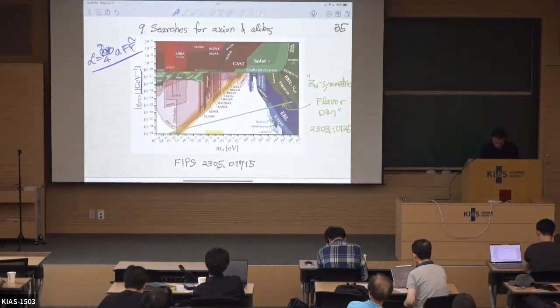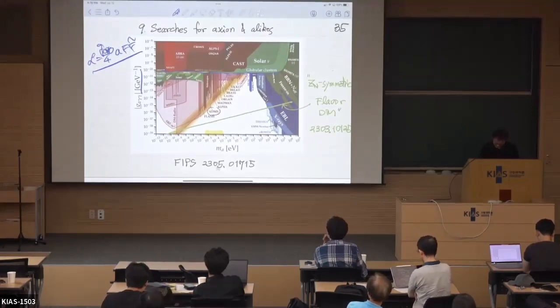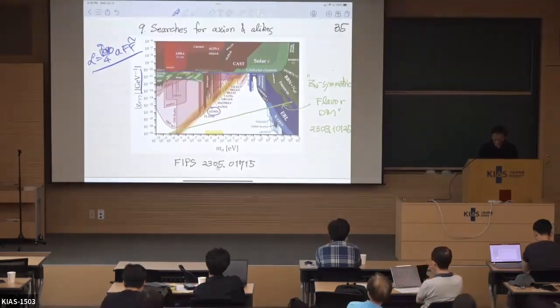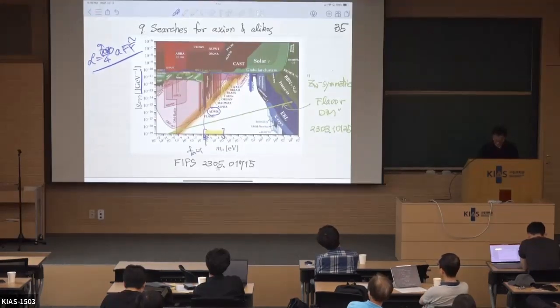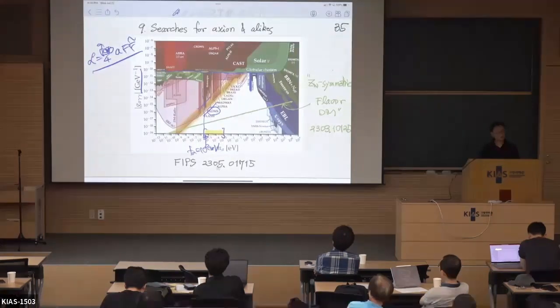So this is the Starkling bound I mentioned, and ADMX is the experiment probing dark matter axion. The standard QCD axion window is around here. Actually, this corresponds to f_a around 10^12 GeV. So this window is the invisible axion window, both the KSVZ and DFSZ window.